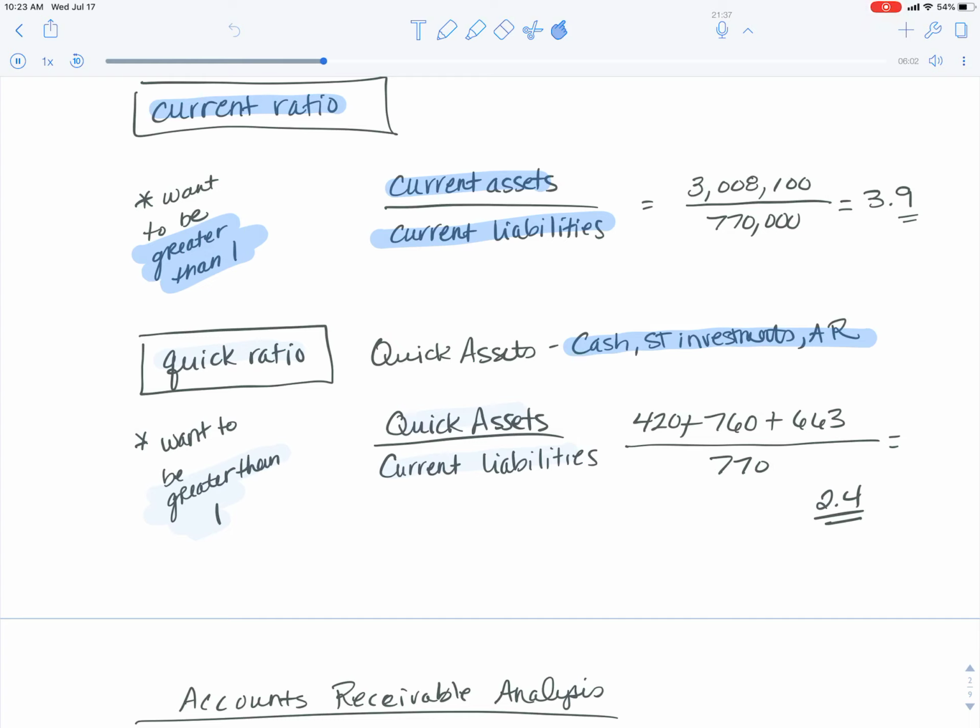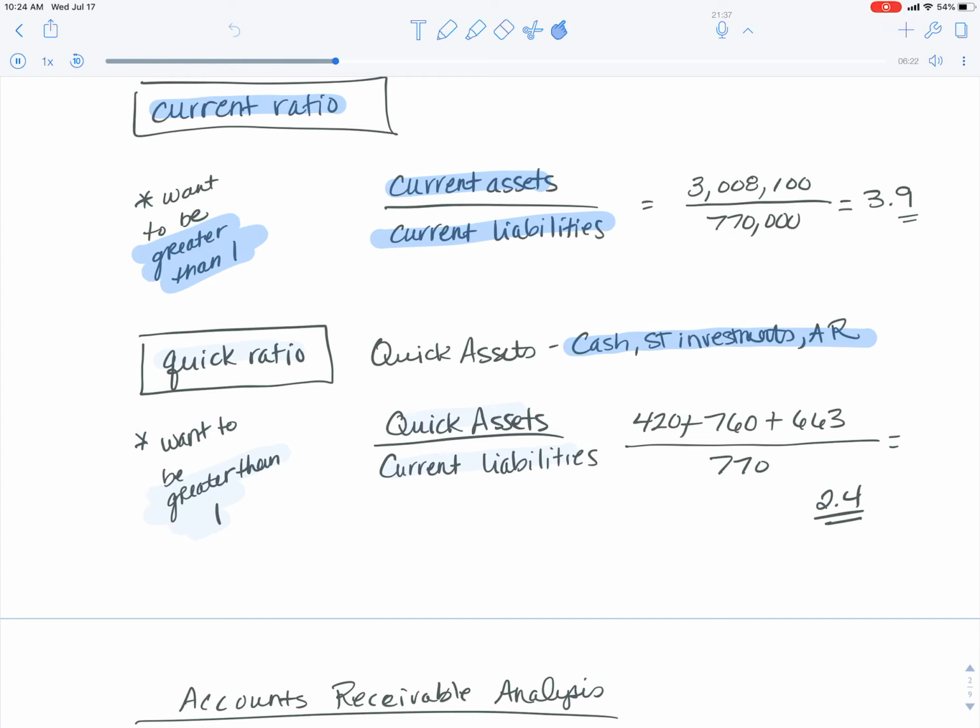So the quick assets here, I would include cash, short-term investments, and accounts receivable. Notice it doesn't include inventory or prepaid expenses or anything that's going to take some time to convert. So then we take quick assets divided by our current liabilities to get the answer.